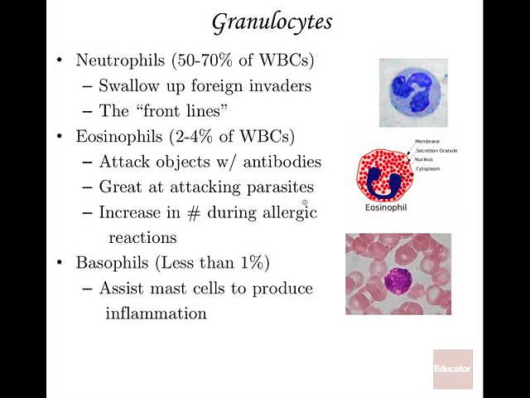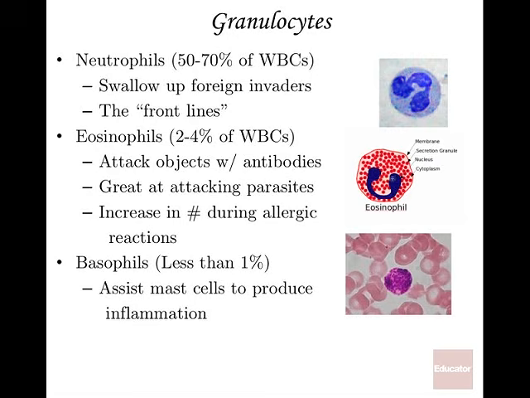If you have a parasitic infection, like a tapeworm, your eosinophil count is going to go up. And they increase in number during allergic reactions. Allergic reactions really depend on the person. They probably happen because of a combination of genetics and environment affecting that abnormal immune response, but eosinophils do play a role in that.